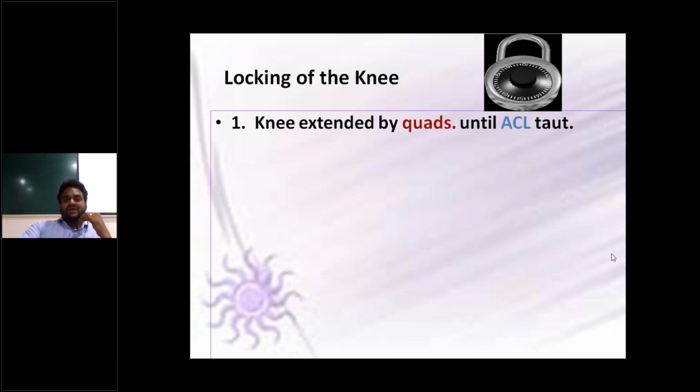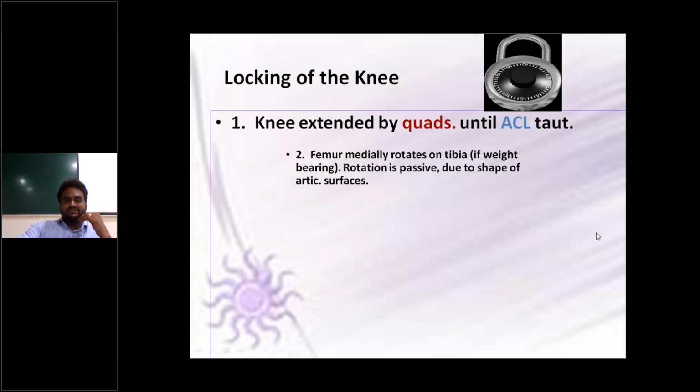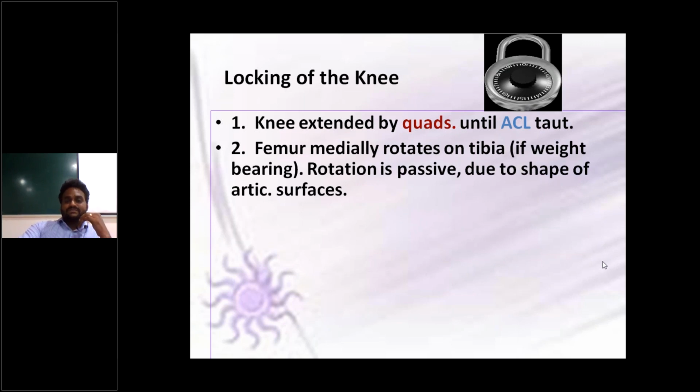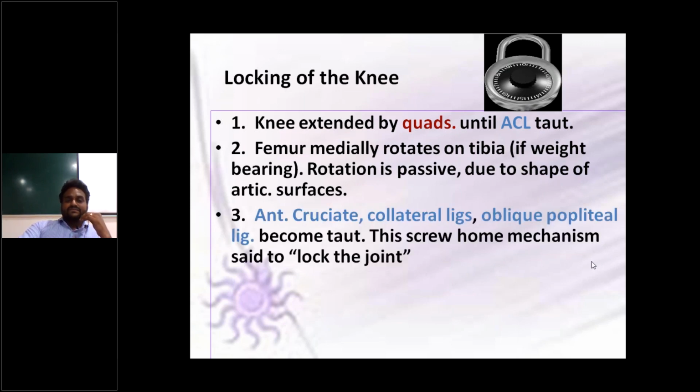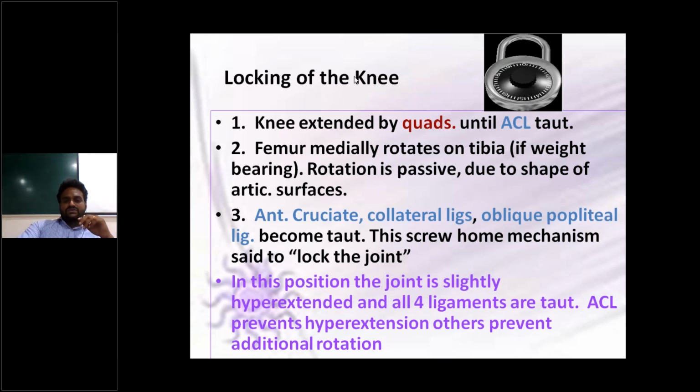In the locking mechanism, first the knee is extended by the quadriceps femoris tendon. Then the femur rotates medially. Then these ligaments become taut: anterior cruciate, lateral ligament, oblique popliteal ligament. So this is about the locking of the knee joint.